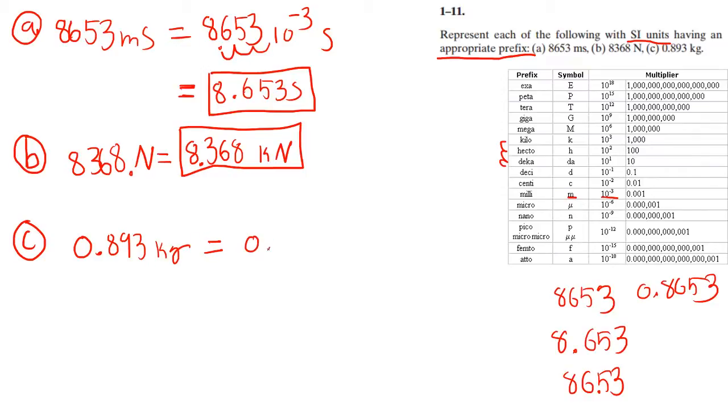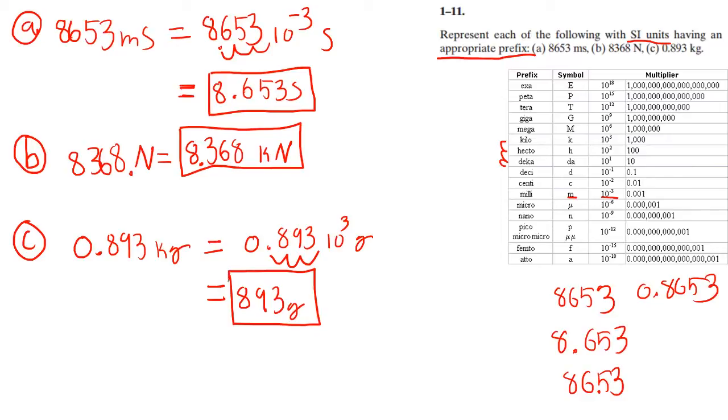So let's write this out. 10 to the positive 3 grams. We want this in grams. So 10 to the positive 3, that's the same as multiplying by 1,000, aka moving the decimal to the right 3 times. So 1, 2, 3. And that gives us an answer of 893 grams. Box that, and we're good to go.